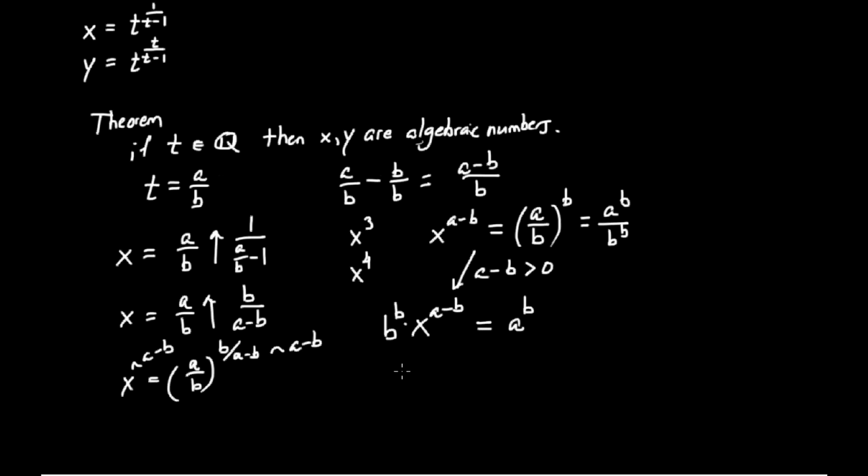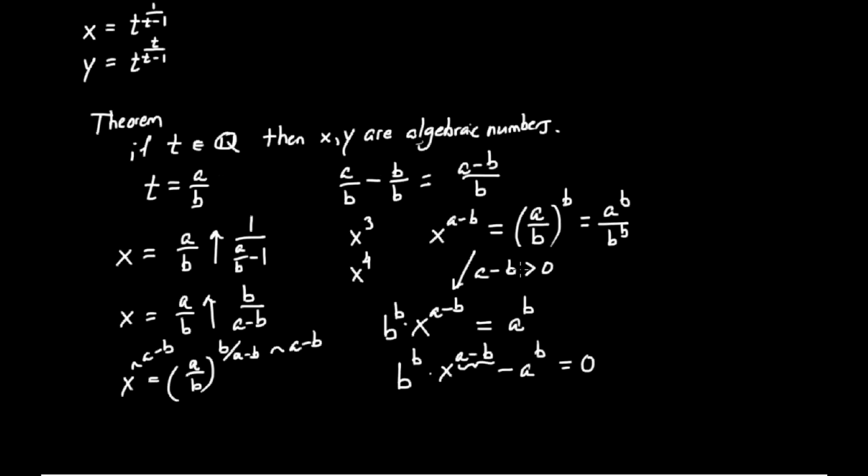And now the last step is I'm going to move this thing over to the left-hand side. So I have b to the b power times x to the a minus b power minus a to the b power is equal to 0. And now I claim this demonstrates that x is an algebraic number because we have some degree to the equation here.